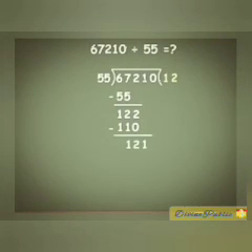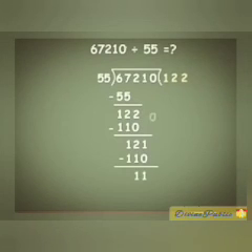Now bring down 1 from the tens place. So divide 121 by 55, as 55 multiplied by 2 equal to 110. So write 2 in the tens place of the quotient and 110 below 121. Again subtract 110 from the 121, which is equal to 11.